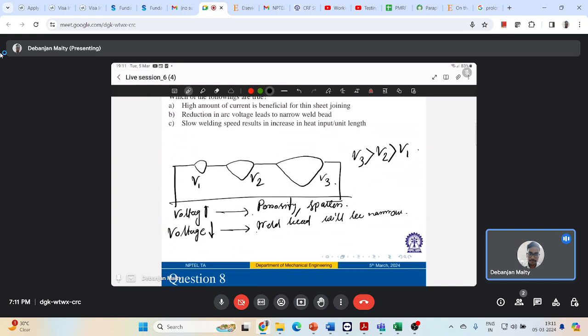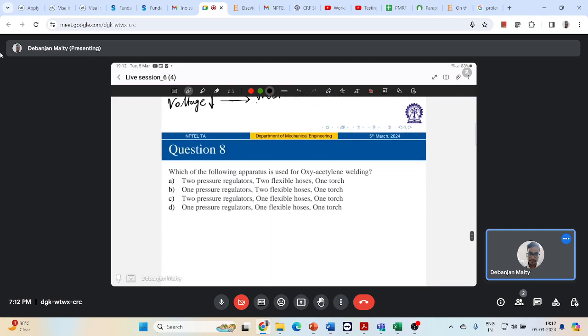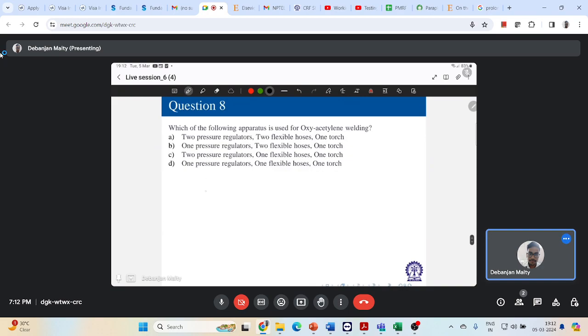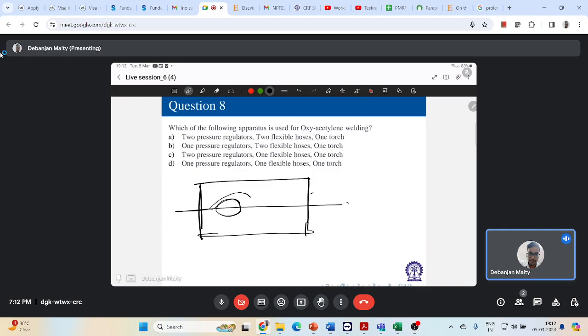So your metal will get less time at a fixed temperature. So let's say this is my top view and the contour is something like this. So we call it temperature contour, right?